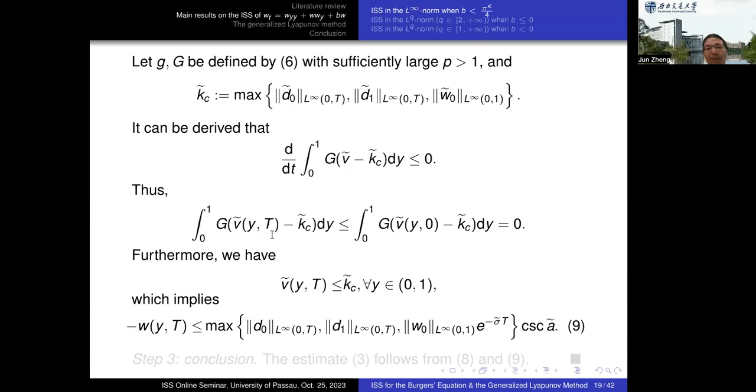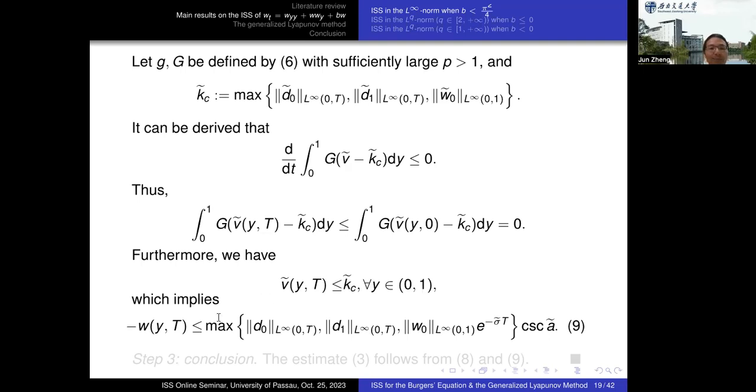That is to say, this functional is bounded by using its value at the initial time, but at the initial time, due to the definitions of G and capital G and Kc tilde, we find that this term is 0. Then we obtain that V tilde is less than Kc tilde.